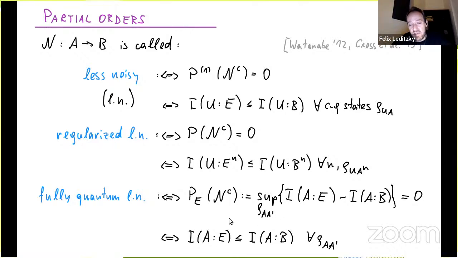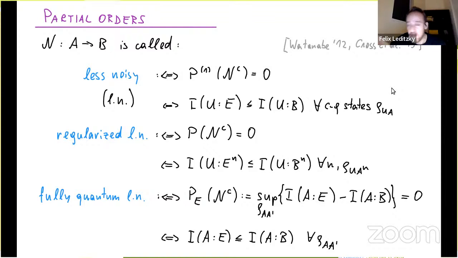And then it needs to satisfy this entropic inequality here. This actually has also been defined in literature by Mark Wilde and collaborators. They call this the entanglement-assisted private information, where you just turn this into an entropic quantity where you now optimize over all input states. Okay, and then the fully quantum less noisy definition is that this needs to be zero.